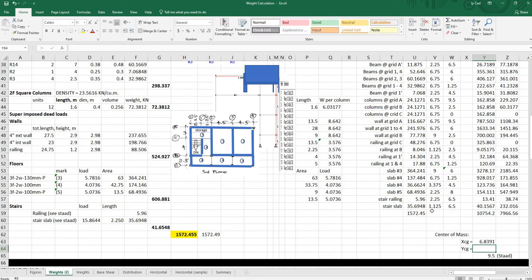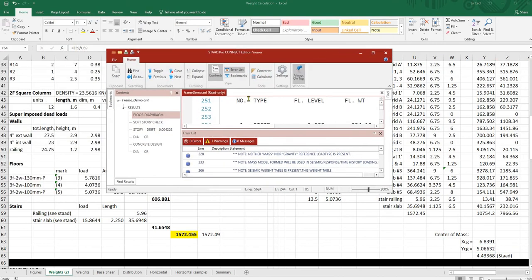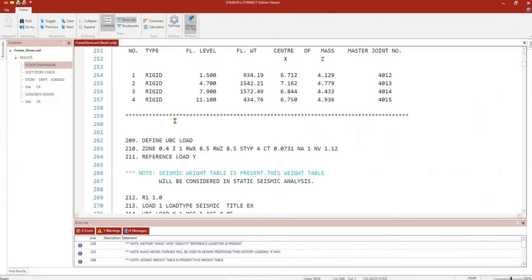And then yCg would be total Wy divided by total weight. For stud, you just subtract 5.06 from 9.5. So ito si stud. Ito yung output.